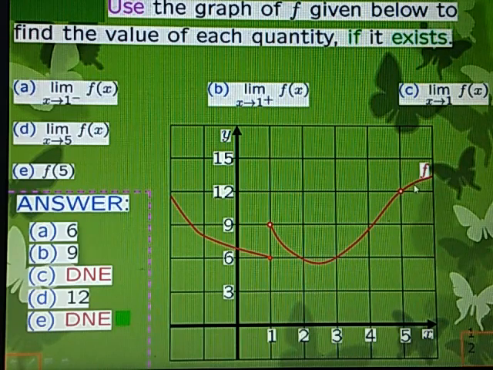In the same way from the right, when you approach 5, you will see again f(x) is approaching 12. So left hand limit is also 12, right hand limit is also 12. From both the sides, when x is approaching 5, f(x) is approaching 12. So we can say that left hand limit is equal to right hand limit. So limit x tending to 5 f(x) can be termed as 12.